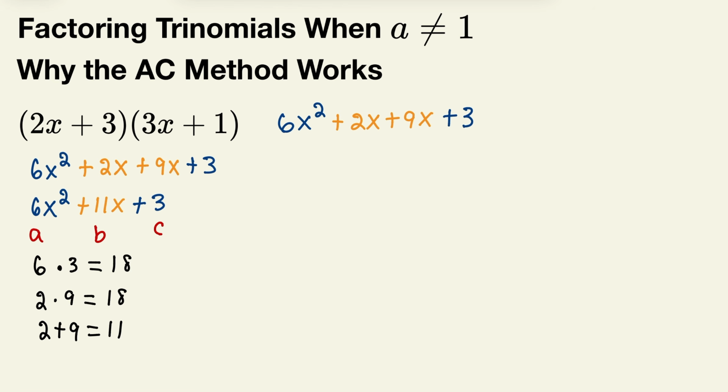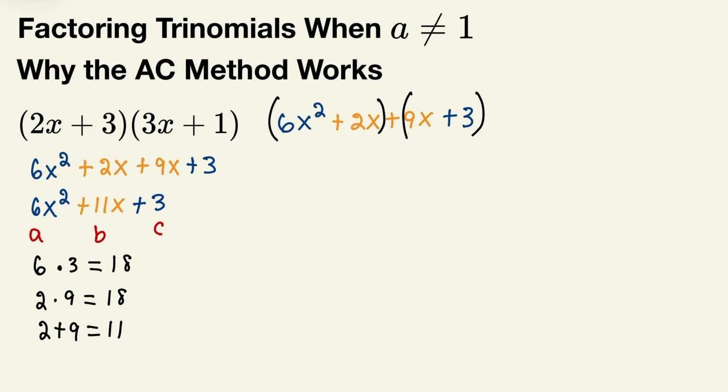So now the next step here, which is the third step, we're going to factor by grouping. So we're going to group the first two terms and the last two terms here. So we have 6x squared plus 2x and 9x plus 3. And now we're going to factor each group, okay? And let's do that.